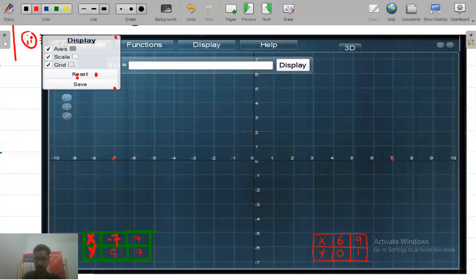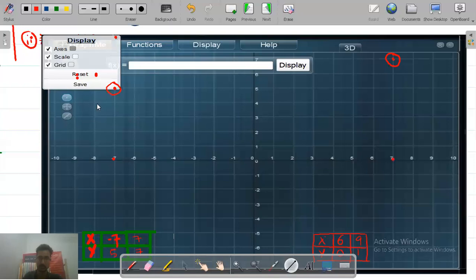So your point is this one. One point will be this one, and one point is this one. These are the coordinates, yes or no? Now if you join the 2 points, you will get one straight line.